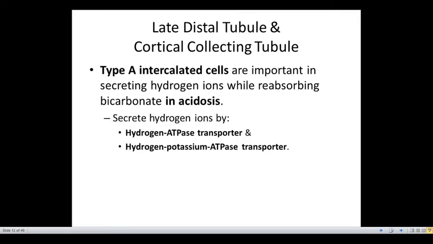Type A intercalated cells are important in secreting hydrogen ions while reabsorbing bicarbonate in acidosis. They secrete hydrogen ions by two types of transporter proteins. Number one, hydrogen ATPase transporter, and number two, hydrogen potassium ATPase transporter.